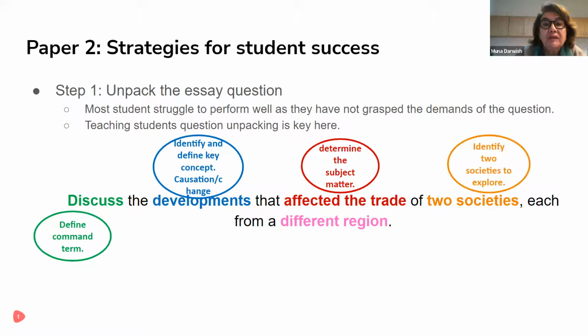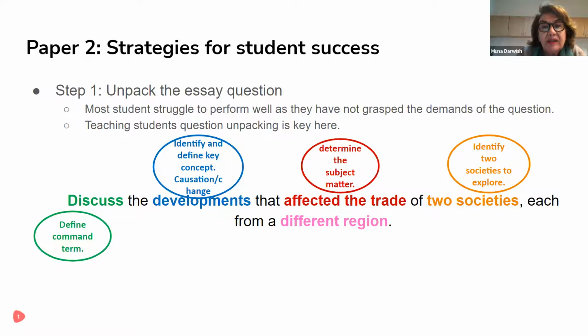Identify two societies to explore, one from each different region, like choosing to write about Stalin and his rise to power in the Soviet Union, and Nasser in Egypt.